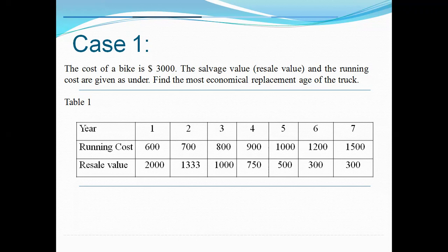So by considering these two steps, as per the given table, year-wise the running cost is 600, 700, 800, with a difference of 100 up to 1000, and here 200, and here 300 in the sixth year, and at the seventh year it is crossing 300. As the running cost or maintenance cost increases, the resale value gets decreased simultaneously.